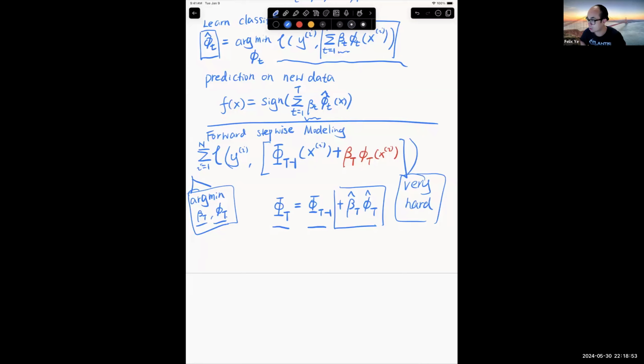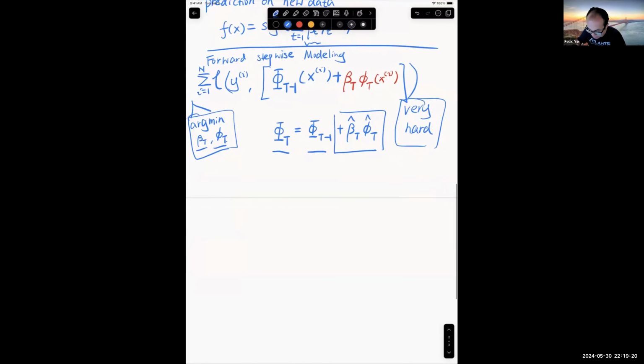And later on, I want to argue that this beta t and phi t actually make sense and are doing the goals that we want. So we get around this optimization problem, instead directly proposing what phi t and beta t we're going to use right here. This is called AdaBoost.